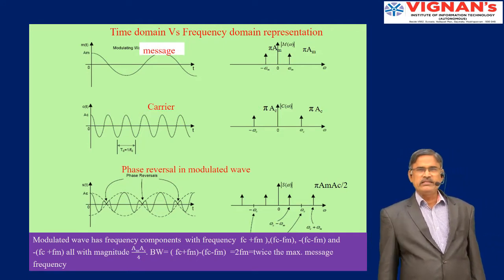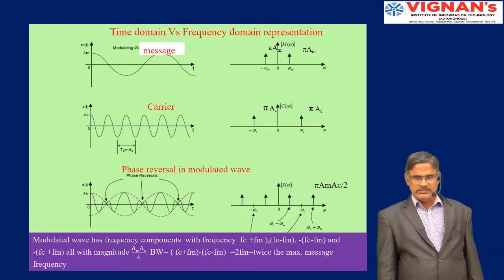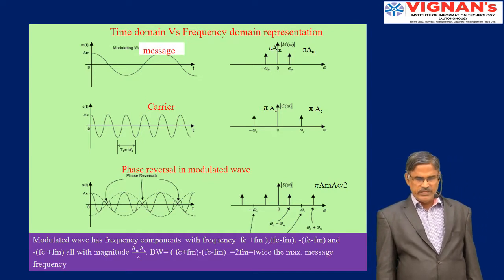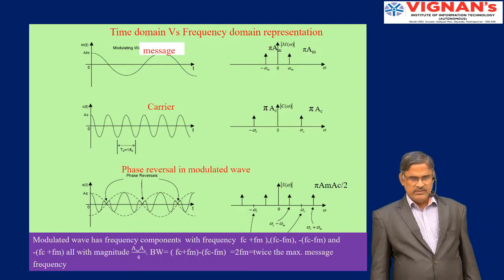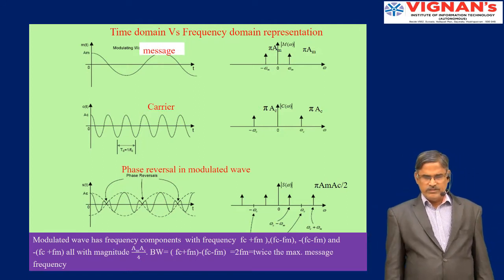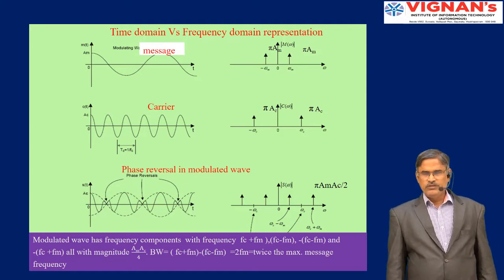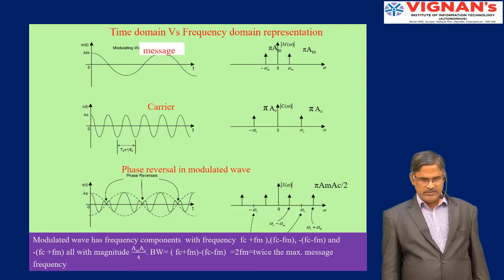Similarly, for the carrier signal, Ac cos omega c t, you are getting two impulses at frequency omega c and minus omega c of strength pi Ac. And the multiplied signal has a frequency spectrum with 4 impulses, that is 2 impulses for upper sideband and 2 impulses for lower sideband.